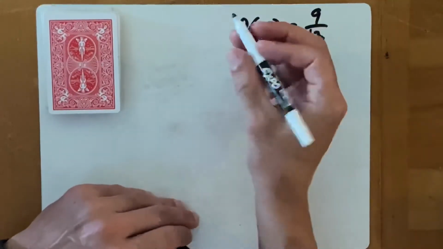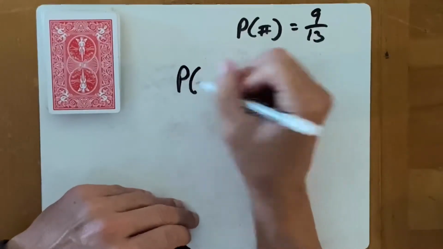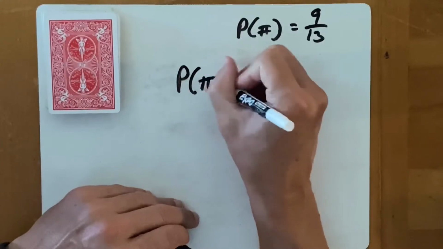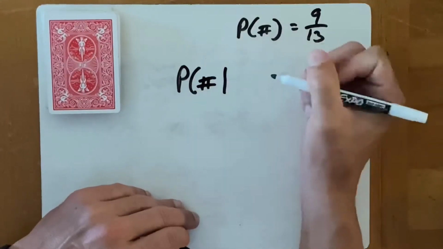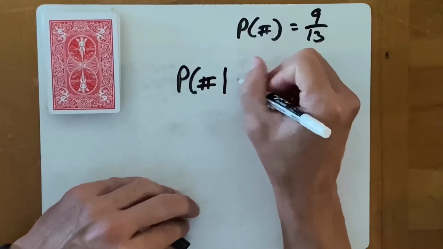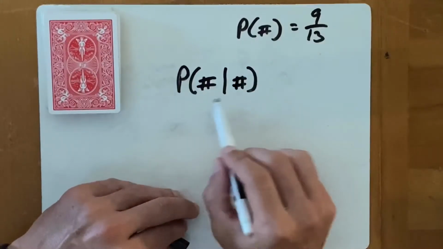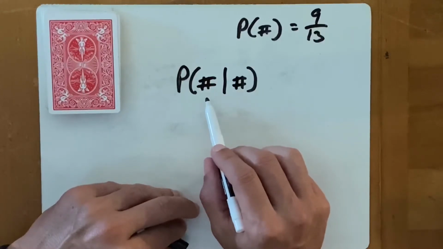So what's the probability of, let's say, pulling out another number card, given, and we're going to use this little vertical line here to say given, that I already pulled a number card on the first pull? So given that I've already pulled one out on the first one, what's the probability of me pulling out another one?